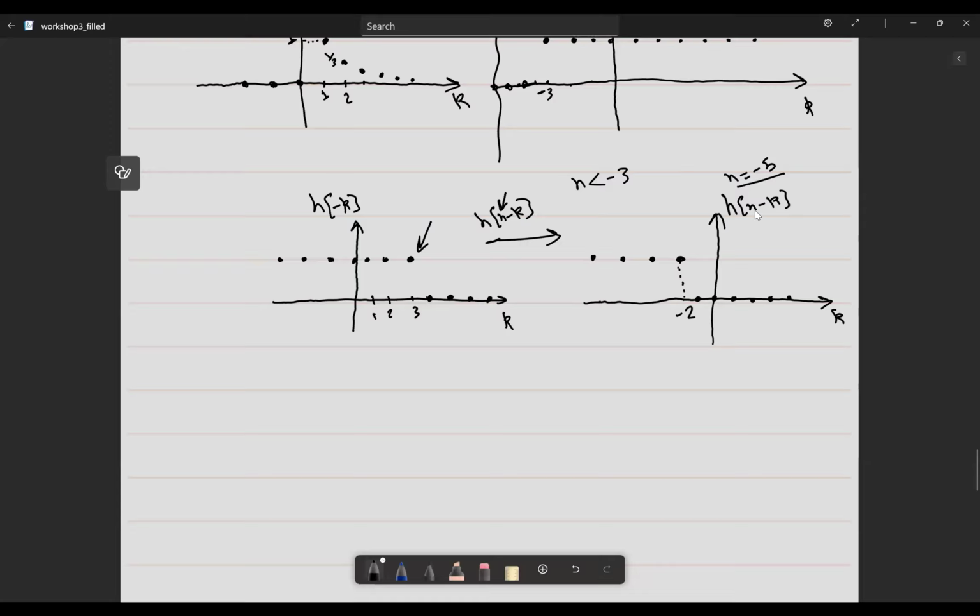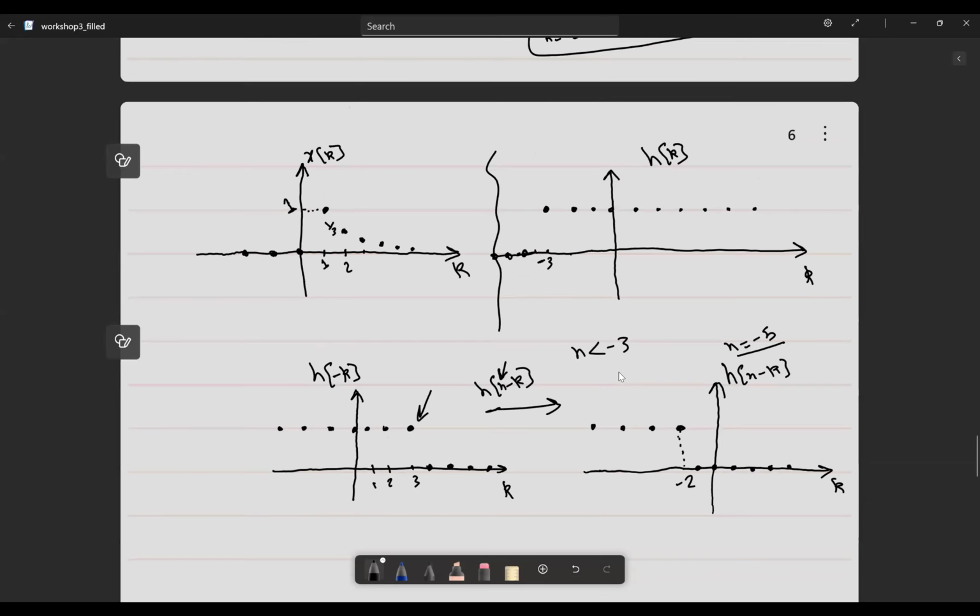So we shifted the impulse response by 5 to the left, and it will look like this. Now, if I multiply x[k] by h[n minus k], what will we get?